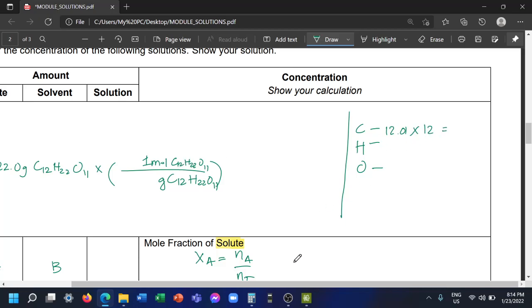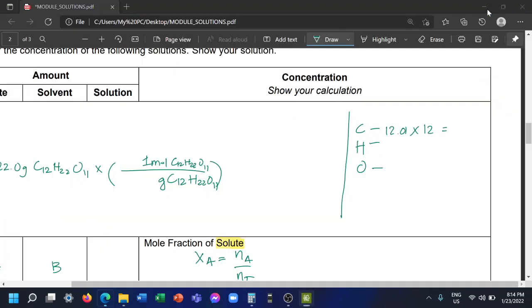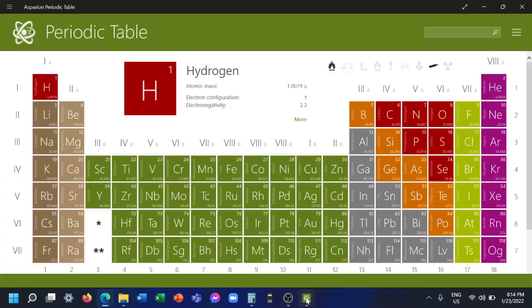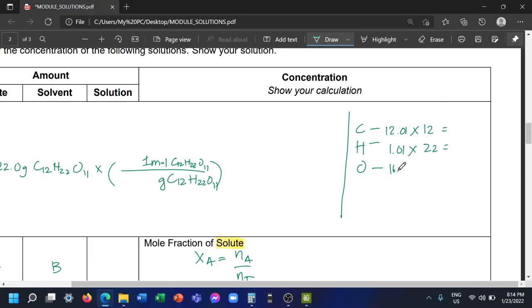For hydrogen, the mass is 1.01, and here we have 22 hydrogens. And for oxygen, let's round this to 16.00, times 11.